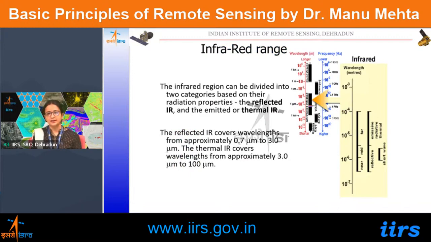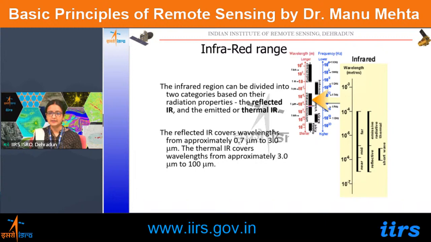Then coming to the infrared range. You need to note that the infrared region ranges from 0.7 micrometers to 100 micrometers. However, we further divide it into two portions: 0.7 to 3 micrometers, and 3 micrometers to 100 micrometers. Why is this further differentiation there?